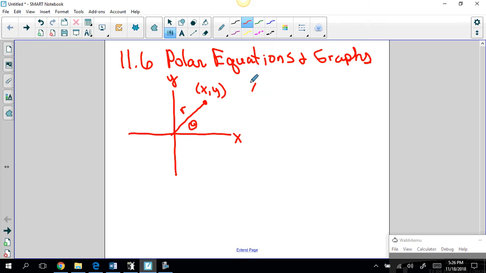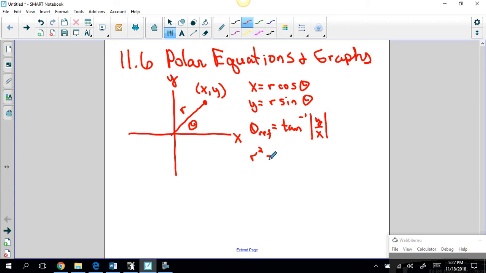So x equals r cosine theta, because cosine theta is x over r. y equals r sine theta. And of course, theta ref is what it's been for the last three sections, inverse tangent absolute value of y over x. And r squared is x squared plus y squared.